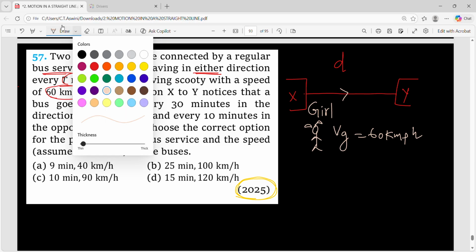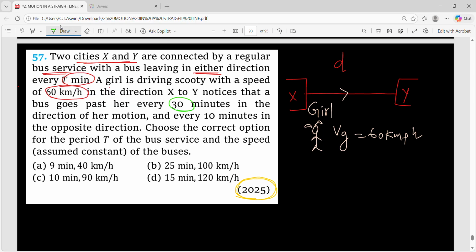She notices that a bus goes past her every 30 minutes in the direction of her motion. That means in the same direction as the girl, the bus crosses after 30 minutes. And every 10 minutes in the opposite direction. So in the opposite direction, the bus crosses in 10 minutes.